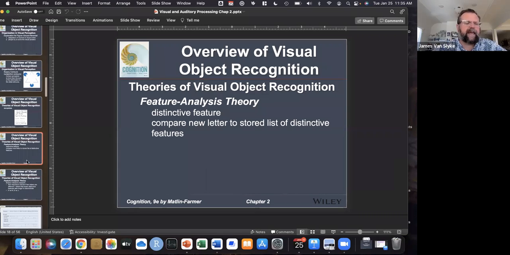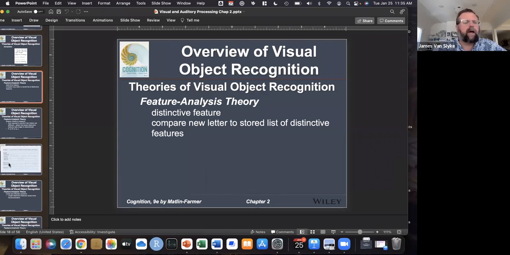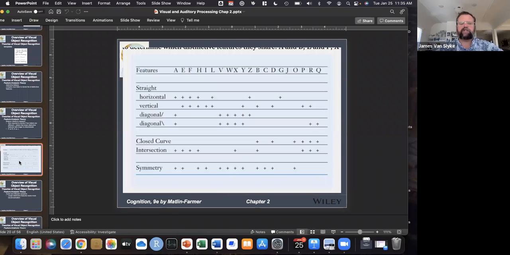And so here's the example that she actually used when she was doing this particular research. We have several different letters here, A, E, F, H, I, L, V, W, and so on and so forth. Then we look at what is distinctive about each of these letters. Do they have certain types of horizontal lines or vertical lines, diagonals?